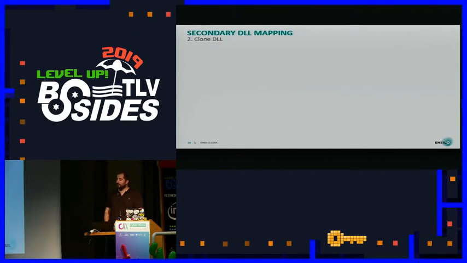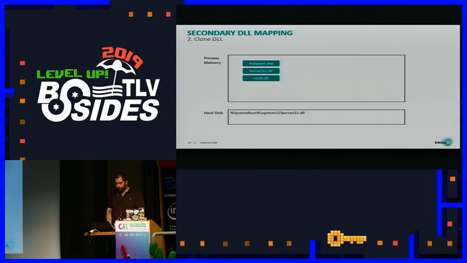The second technique is called clone DLL. Basically, we're going to create a new instance of the DLL on disk. We're going to move it to a different path. We're going to give it a different name, and then just load it as every other DLL. But because it will get a different name, it won't be hooked by the specific product that is installed.